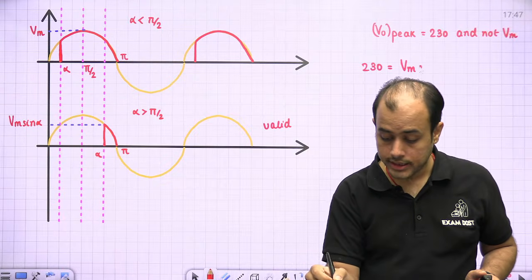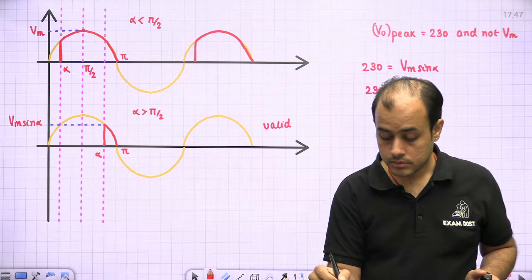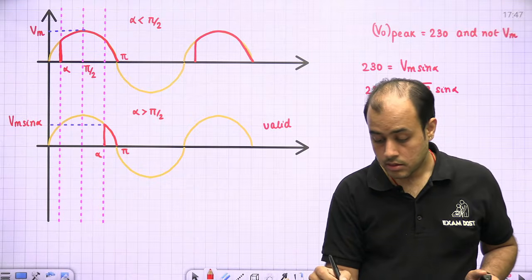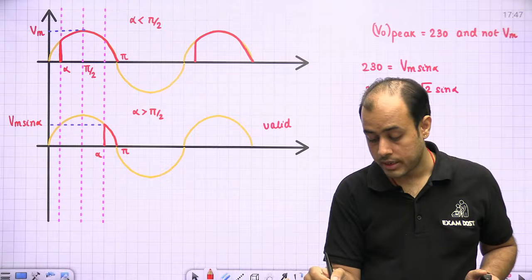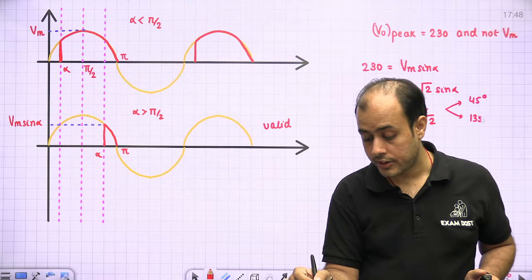Now 230 is Vm sin alpha. Sin alpha will be 1 by root 2. Now there are two possibilities, 45 and 135.